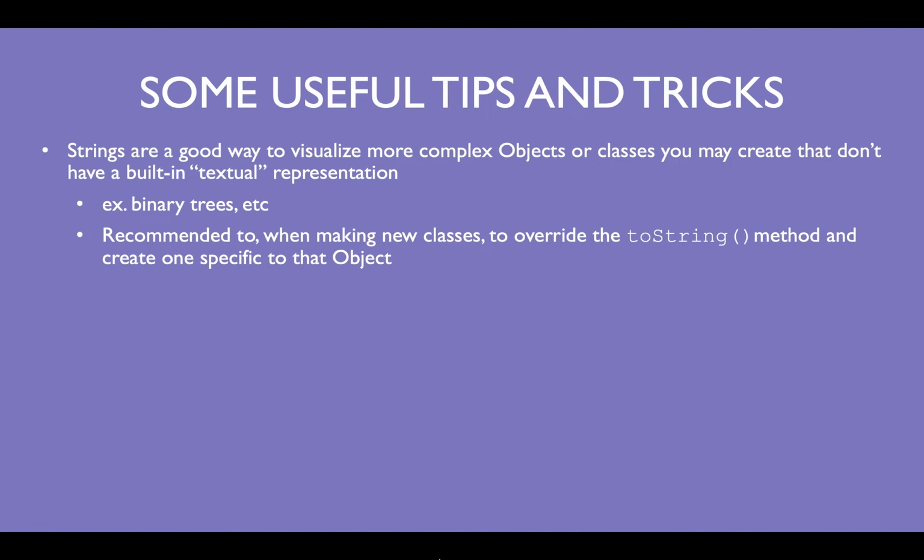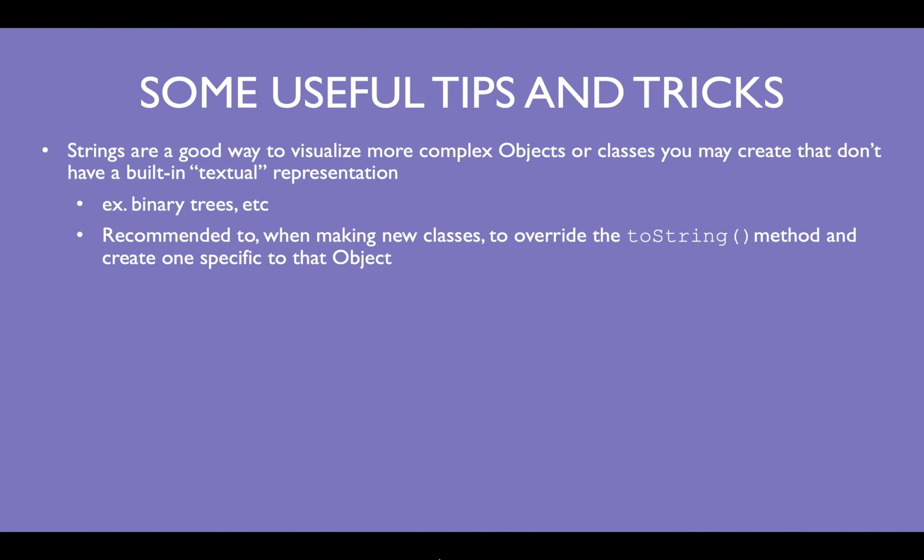So going back to the example of the binary tree, it may be helpful to override the toString method for a node, and then printing this node will help you print out the entire tree, and thus it'll help you visualize the tree whenever you go to System.out.print that object. You can easily see in the command line what that tree is, and that can just be really helpful for debugging as well.